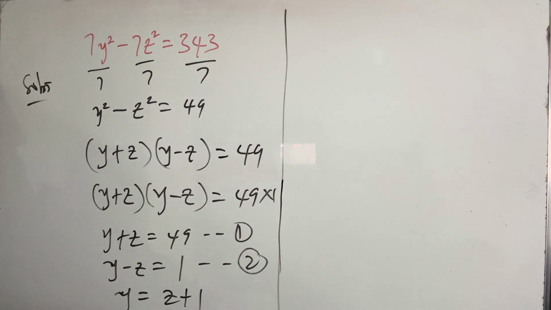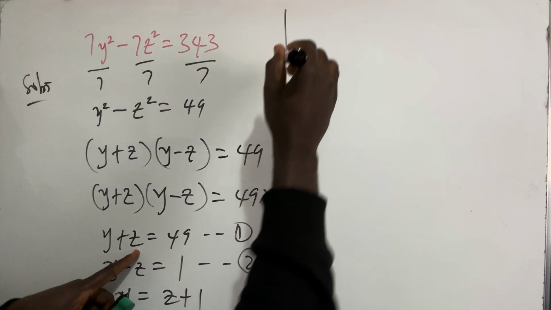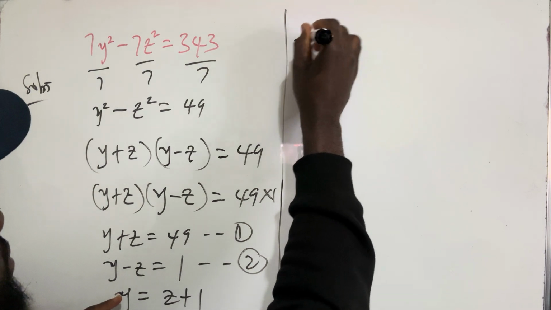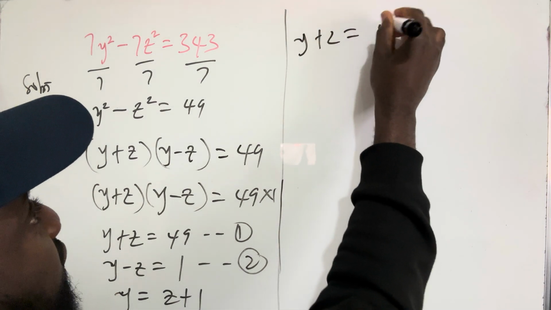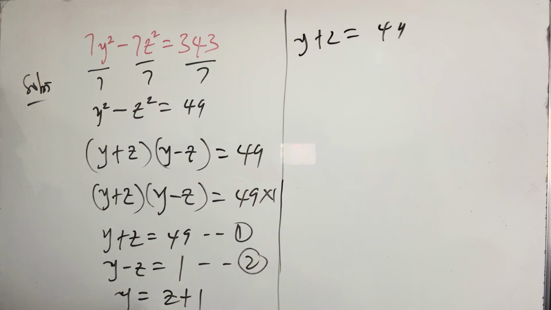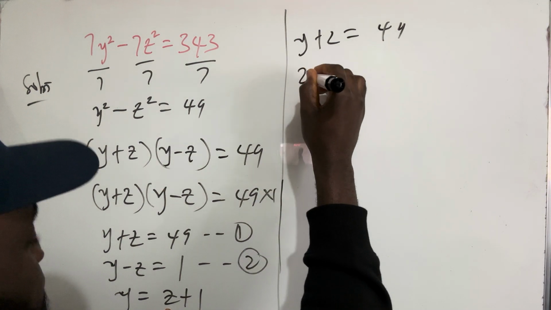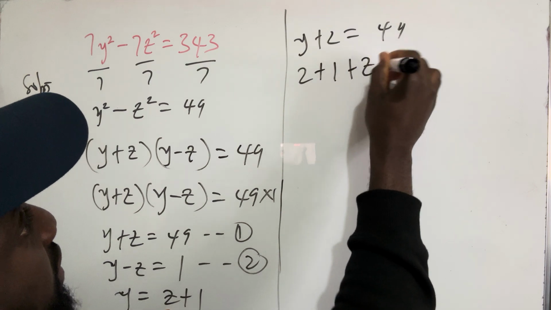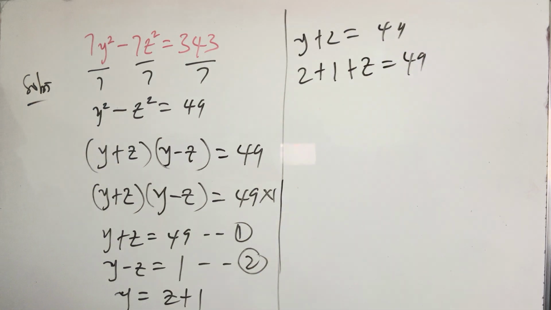Substitute y equals z plus 1 in equation 1. Remember that equation 1 is y plus z equals 49. But y is equal to z plus 1, so we substitute: z plus 1 plus z is equal to 49.